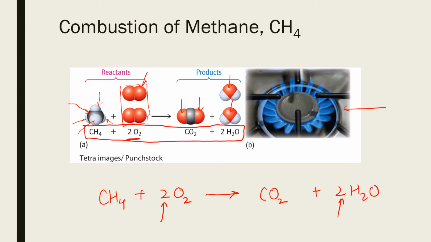So exactly the same. One carbon in the reactant side, the black sphere, only one carbon in the product side. Four hydrogens in the reactant side, and again if you count, we have 1, 2, 3, and 4 hydrogens. So this is an example in which the total number of different types of atoms in reactant side is exactly the same as total number of each type of atoms in the product side.